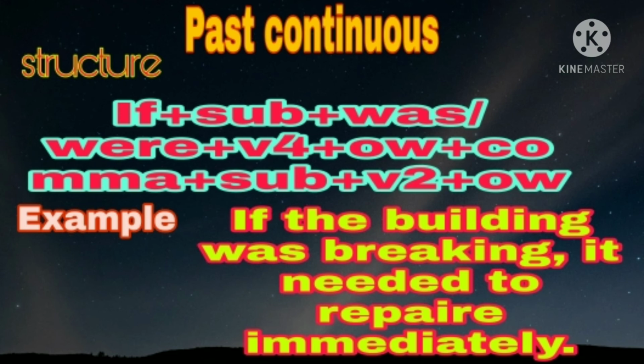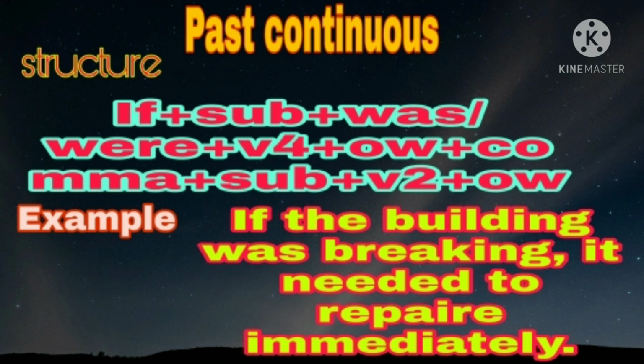Students, now I want to show you the zero type conditional clause with past continuous form. Here you can watch on my screen: if plus subject plus was/were plus verb 4 plus other words, use a comma, subject plus verb 2 plus other words. Here, students, an example we can take is: if the building was breaking, it needed repair immediately. Can you tell me, students, what is its subordinate clause? If the building was breaking.